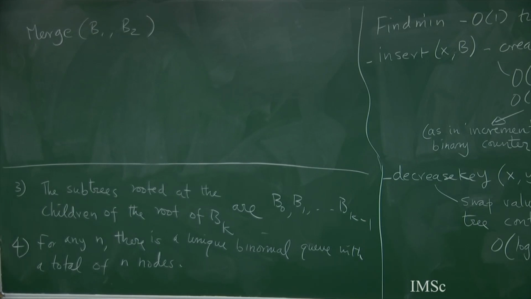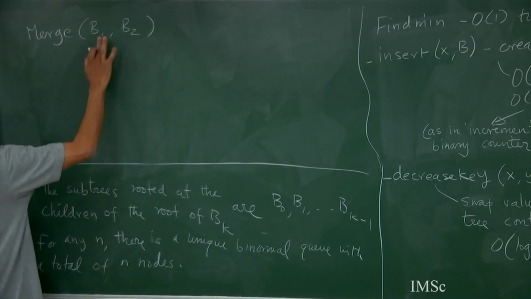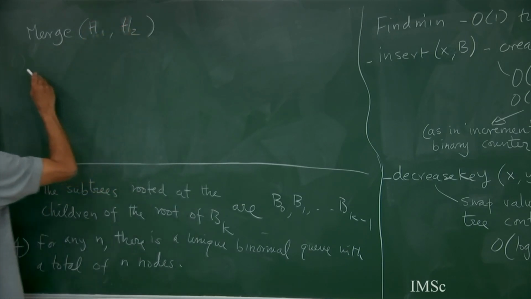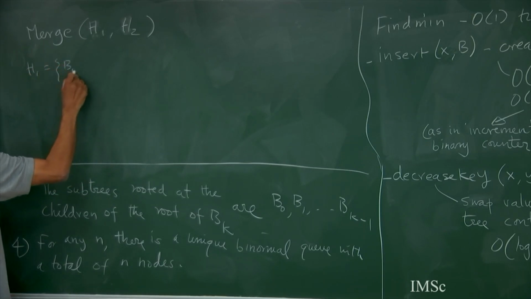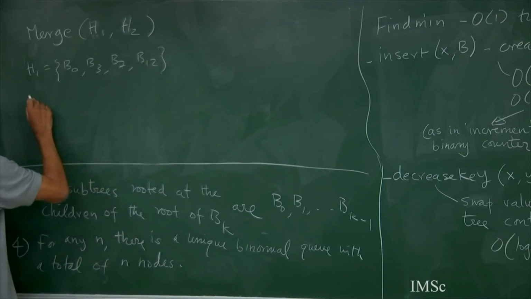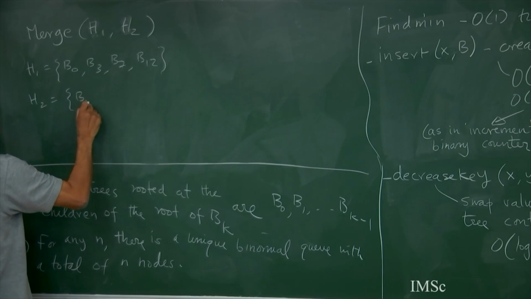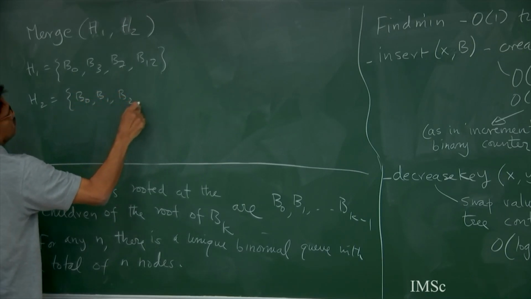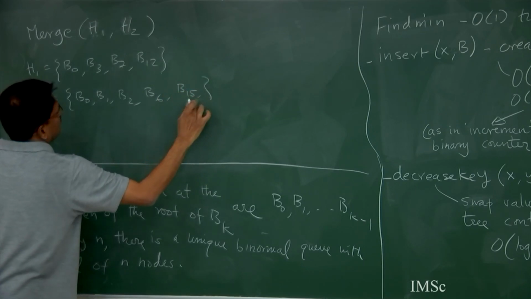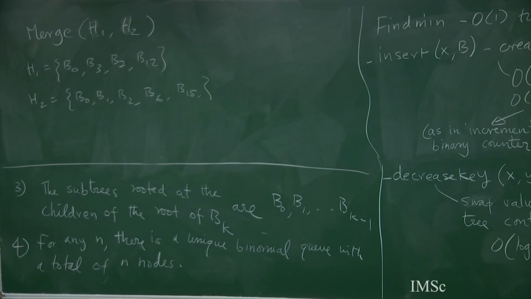So H1 may be like something, and I want to merge them together into one big binomial heap. Elements repeating is not a problem; there are different keys. So how would you merge?